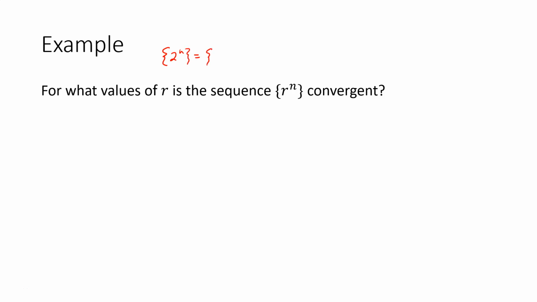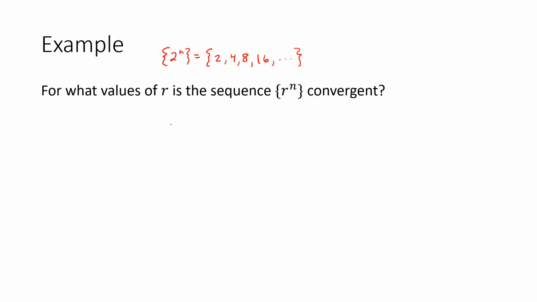Well, I don't think it would, because here, if I take powers of n, 2, 4, 8, 16, the values are just going to get bigger and bigger. In fact, they're going to get very large very rapidly. So clearly, in this case, when r is a value that's greater than 1, this limit is going to go to infinity.